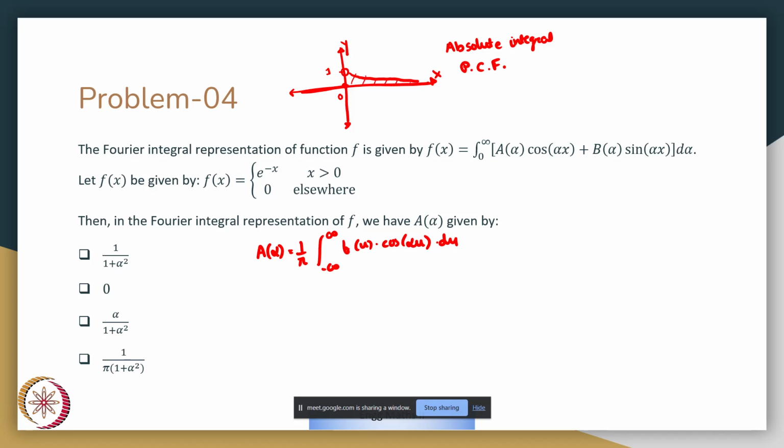So I'll make use of a particular formula here for cos of alpha u. We know that e raised to i theta is nothing but cos of theta plus i sin theta, and therefore we get that e raised to i theta plus e raised to minus i theta by 2 is cos of theta.